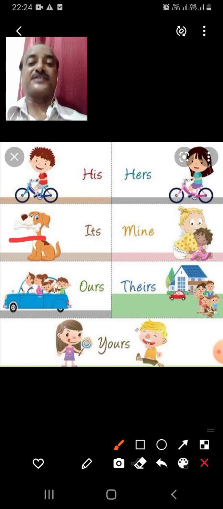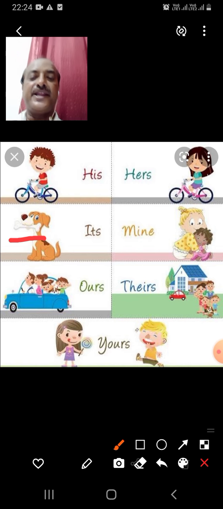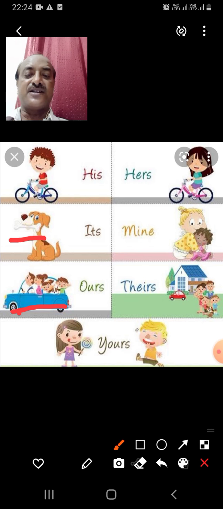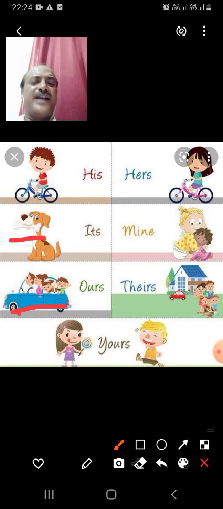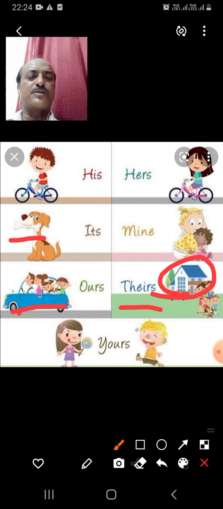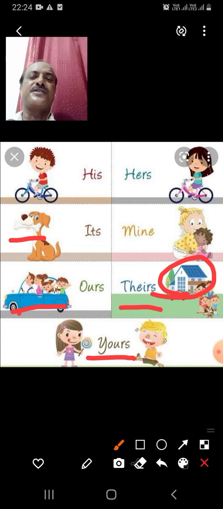When we say this book is mine, this water bottle is mine, it shows possession, that it belongs to me. Ours. This car belongs to us, it is ours. Theirs, this house is theirs, that means this house belongs to them. Yours, yours we use in singular also, plural also.